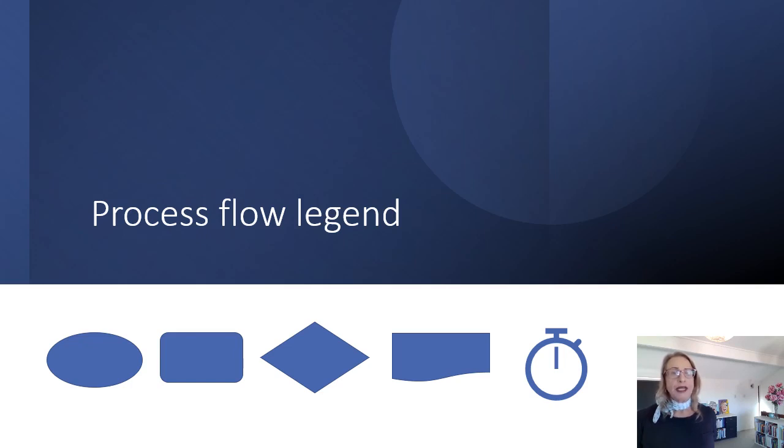For example, if we have a look at some of these processes, we'll see here that the oval shape at the beginning typically means the beginning or end of a process. If we're talking about any physical activities that are undertaken in a process, often that's represented by a rectangle. Whereas the diamond shape often represents decision points within the flow.